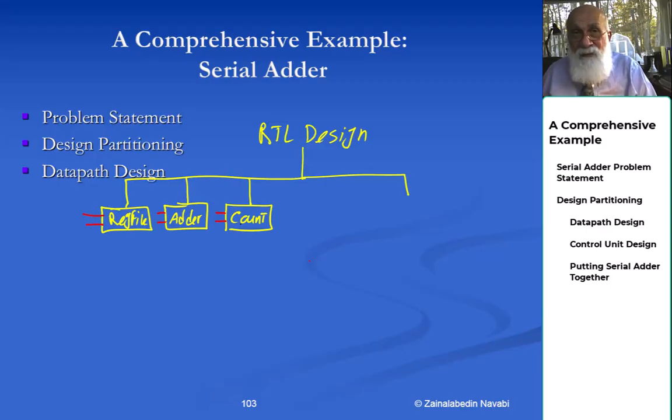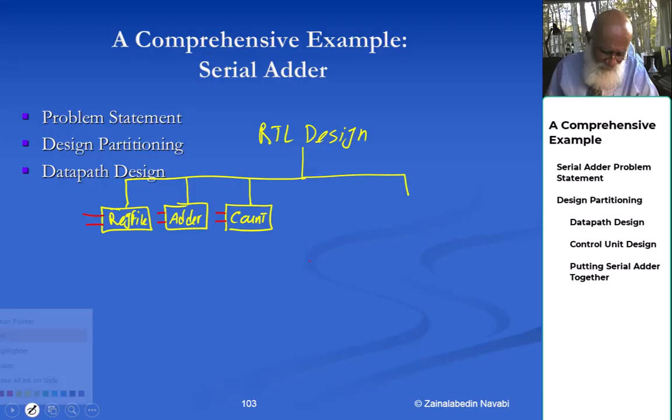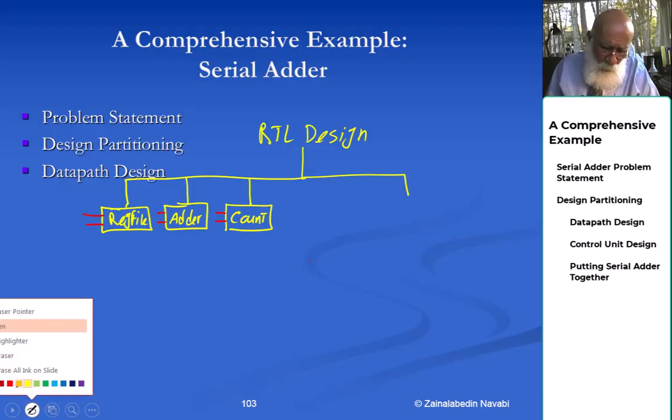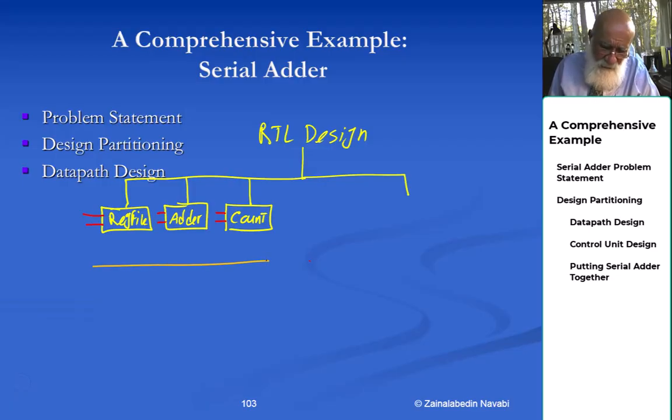Any component that stores data, like a register file, or a counter that holds data and starts counting, is a data path component, and also any component that transmits data. That means, for example, the buses that go back and forth between these components are also part of your data path.